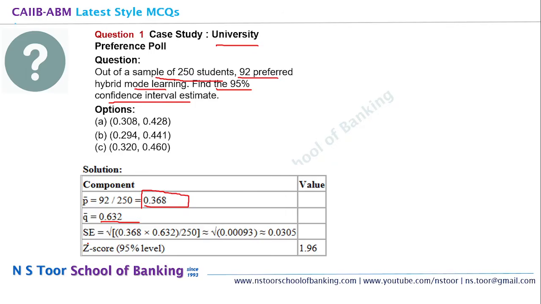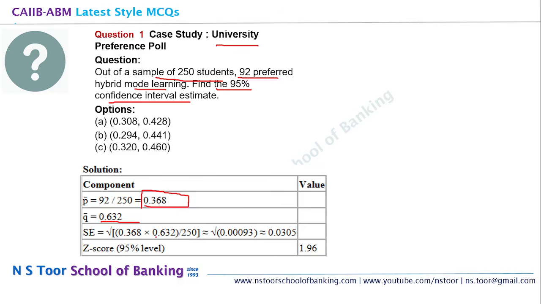Standard error is equal to the square root of P bar into Q bar divided by N. P bar is 0.368 into Q bar, or 1 minus P bar, that is 0.632, divided by 250.